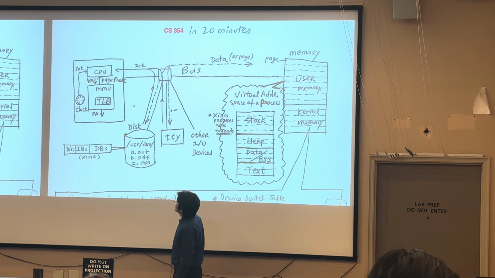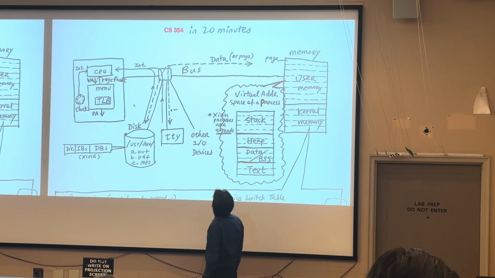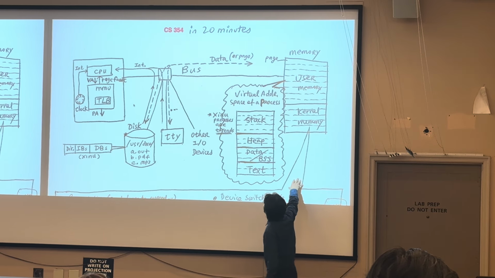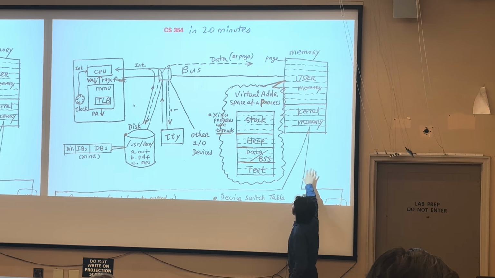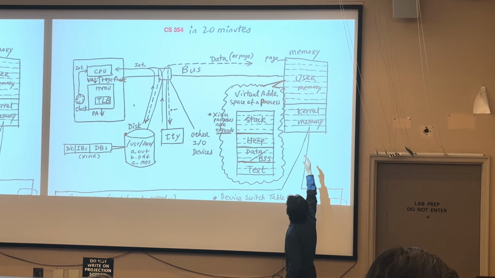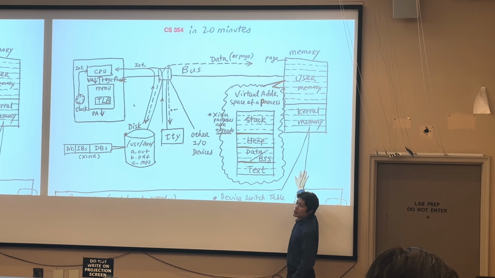Okay, and that is what's inside the box on the left-hand side. And on the right-hand side we have the memory. Usually memory is split into user application memory and kernel memory.